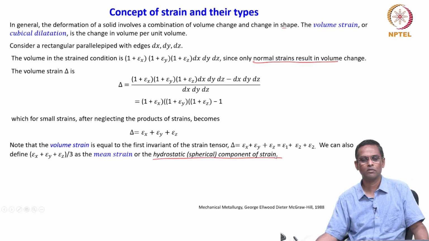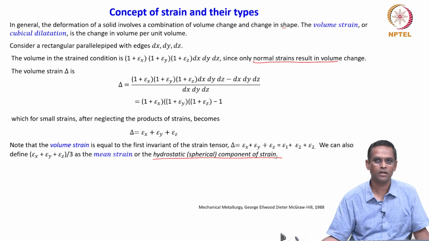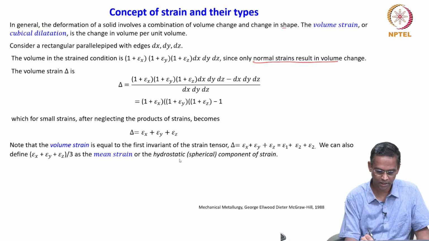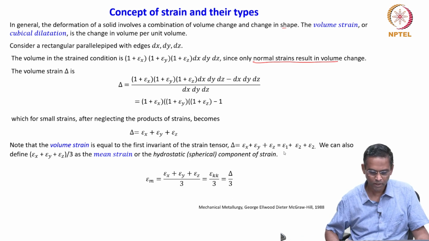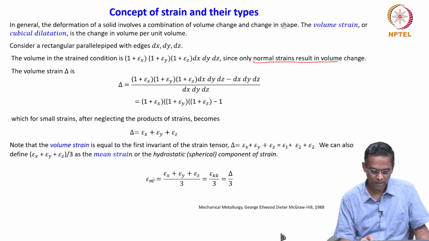Like we have just looked at the hydrostatic stress, here it is the hydrostatic component of strain, which can be written as epsilon m is equal to epsilon x plus epsilon y plus epsilon z by 3, or sometimes with the notation epsilon kk, mostly in tensorial representation, which is also written as delta by 3.